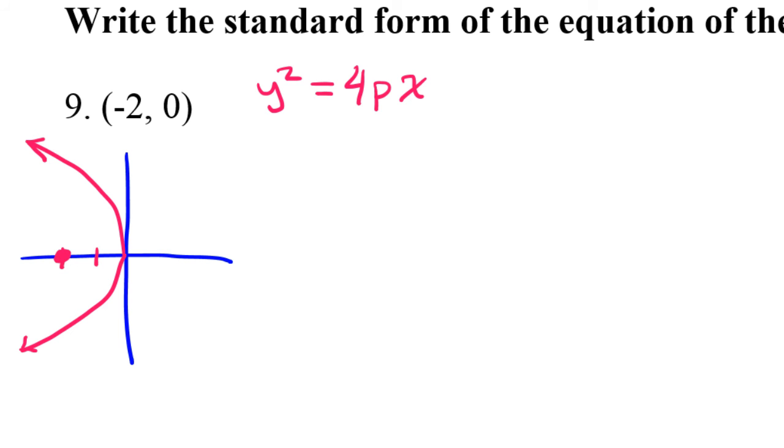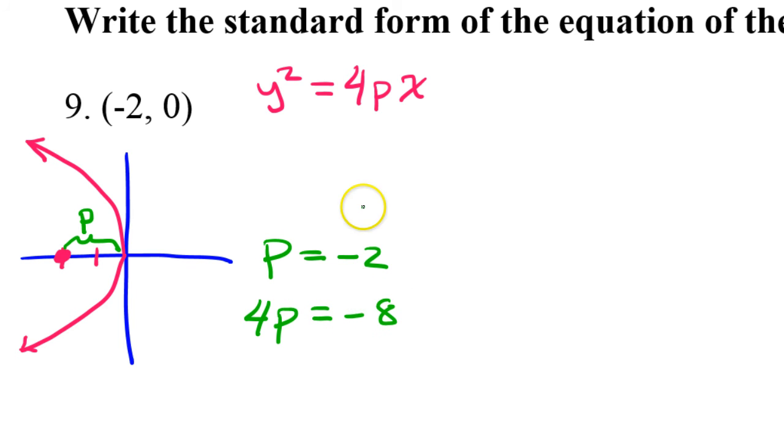Our p value is right here. This is the p value. So in this case, p is equal to -2. But what we need for the equation is 4p. So if p equals -2, then 4p is equal to -8. I just multiplied both sides by 4.